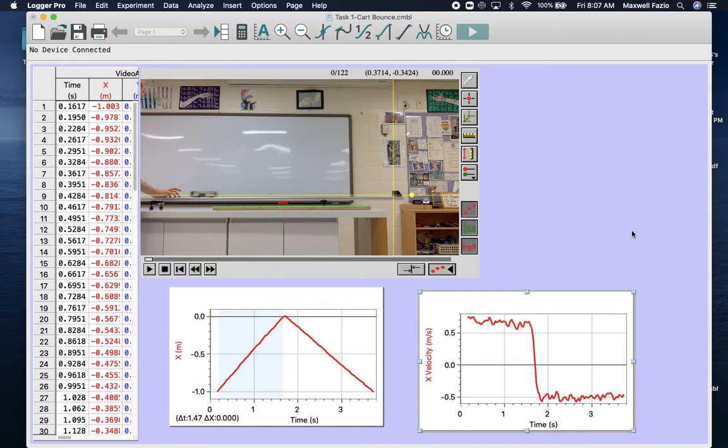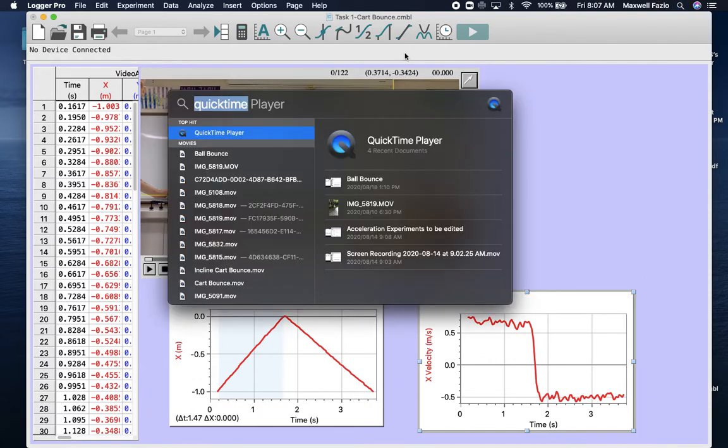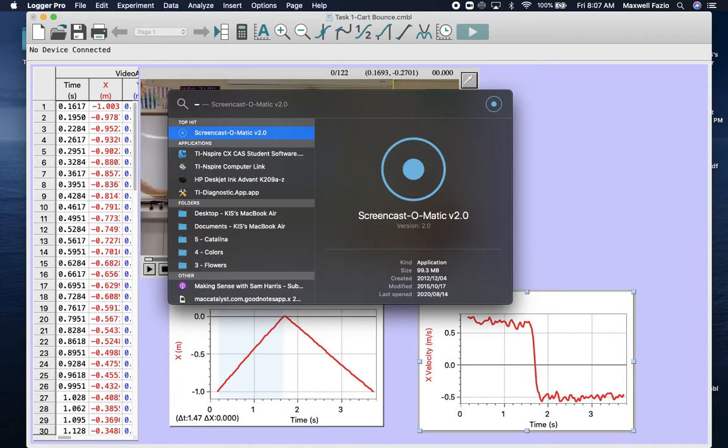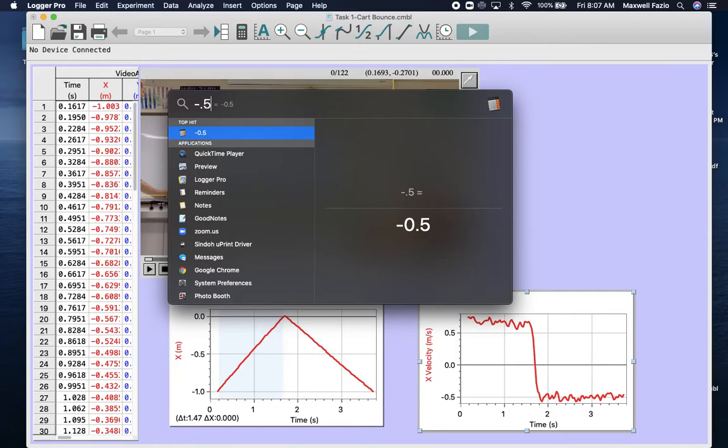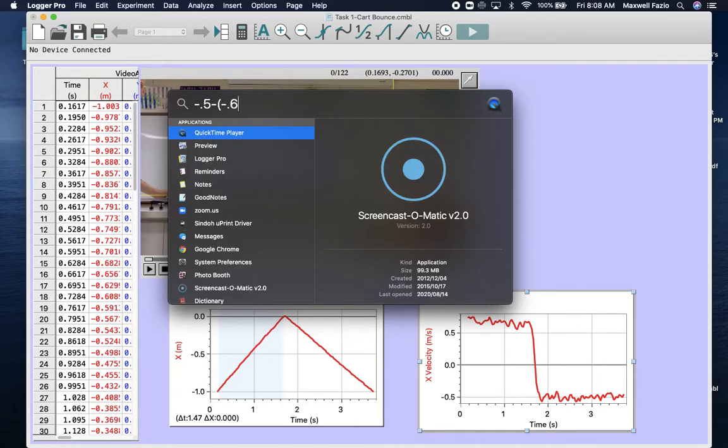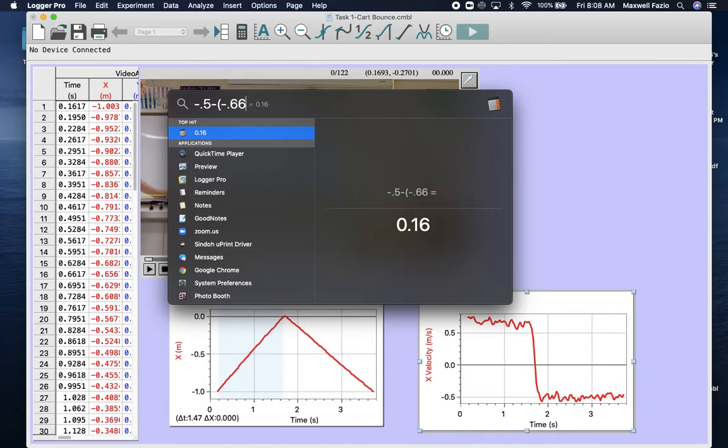The final velocity, I'm just going to approximate. The final velocity is about -0.5, and the initial velocity was, let's say, 0.66, I think it was about that. So minus the initial velocity, so minus negative 0.66. Then we have to divide that whole thing by the total time. This is not the best way to use a calculator, but I'm thinking on my feet.